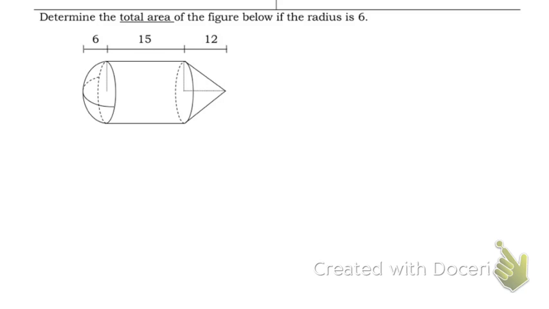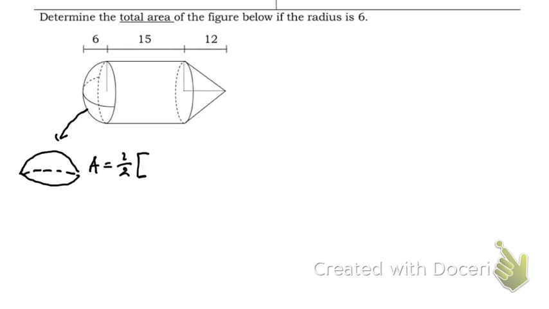Let's start from left to right. So from left, we have a hemisphere. So we have a shape that looks like this. That is my hemisphere. Well, the surface area of a hemisphere is going to be half the area of a sphere.